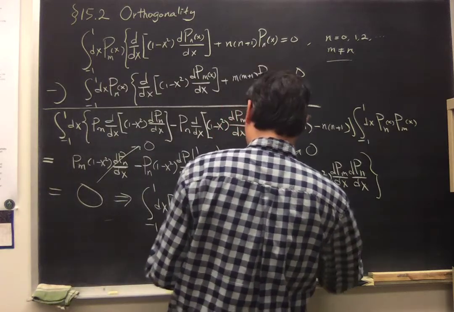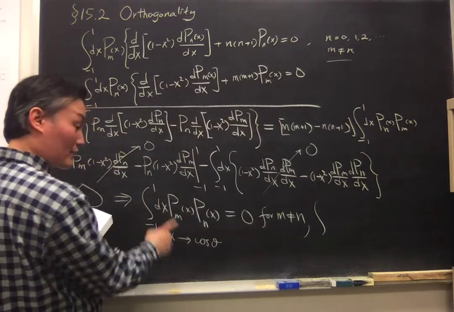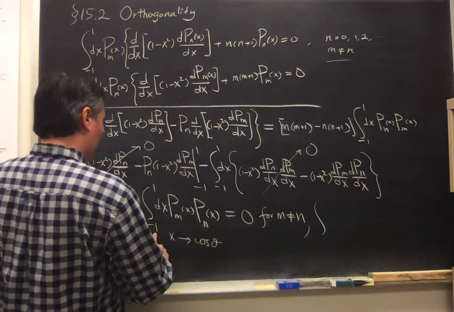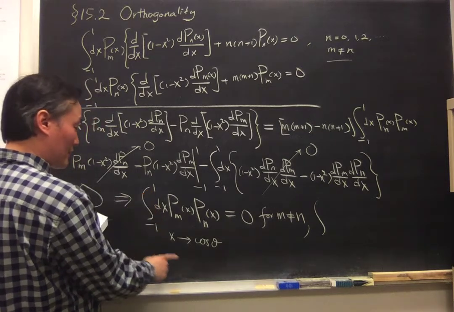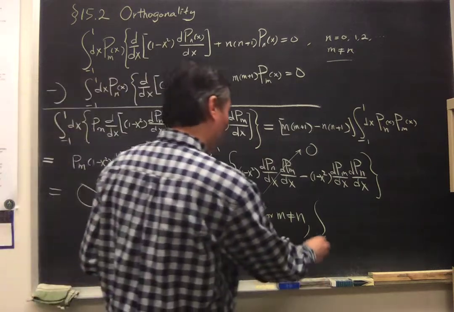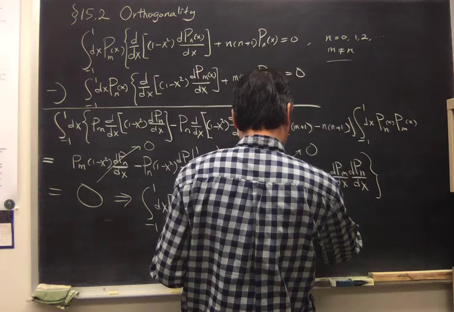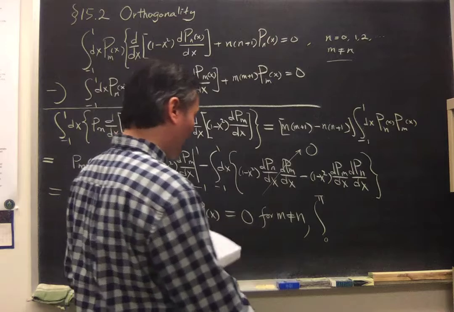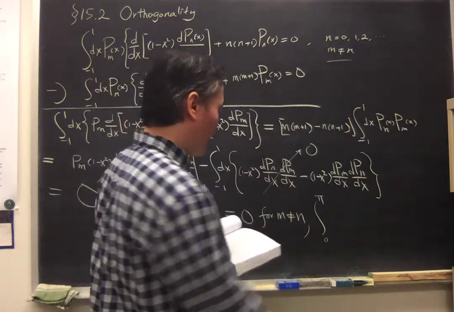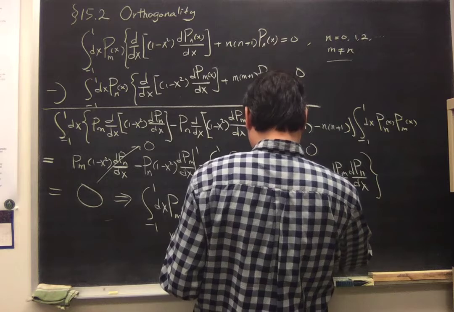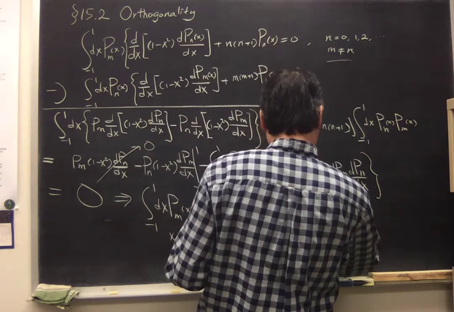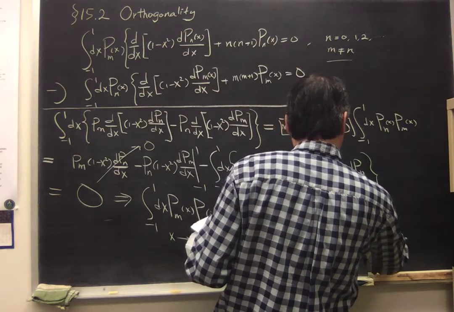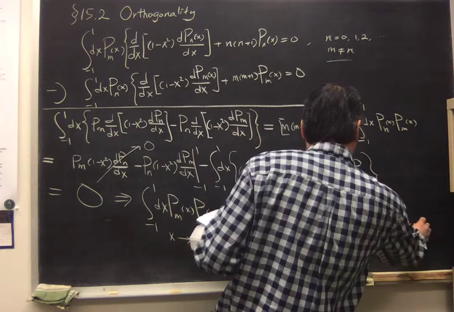So x is cosine theta, and theta goes from 0 to pi, meaning x goes from 1 to cosine pi, which is minus 1. dx is d cosine theta, so it becomes negative sine theta d theta, but you can flip the integration limits, so it becomes the integral of sine theta d theta multiplied by P_m(cosine theta) P_n(cosine theta).